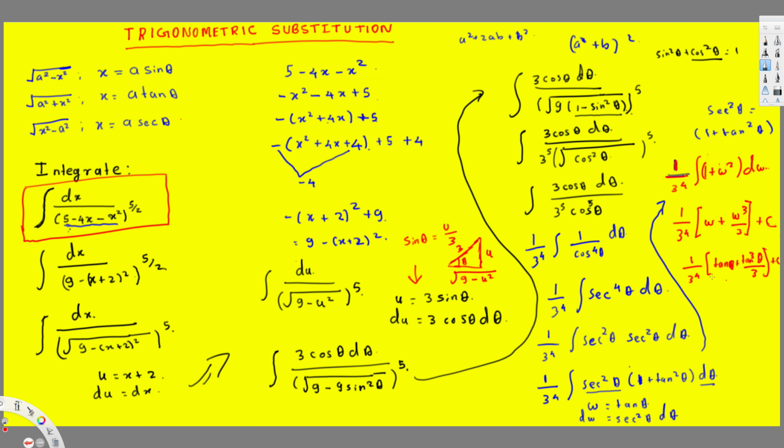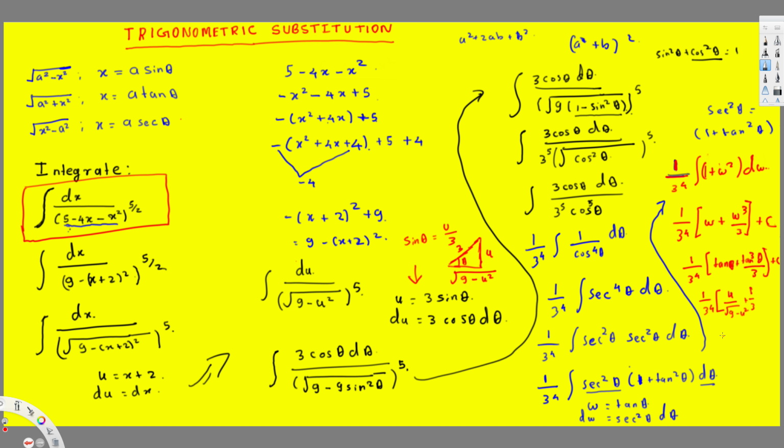Now we can plug everything in terms of u. So this is going to be 1 over 3 to the power 4, instead of tan theta. Tan theta is opposite over adjacent, so that's going to be u over square root of 9 minus u square, plus I can bring the 1 over 3 to the front.